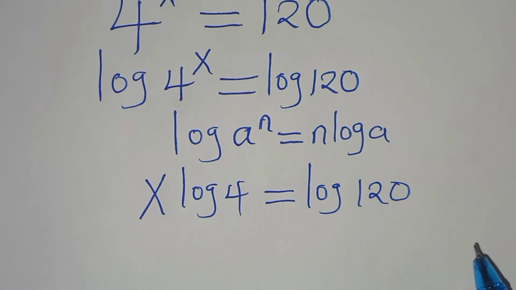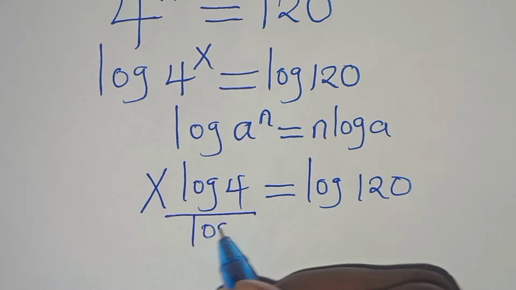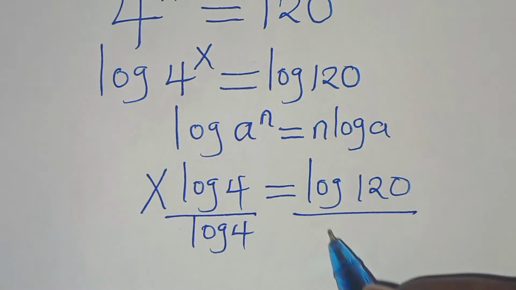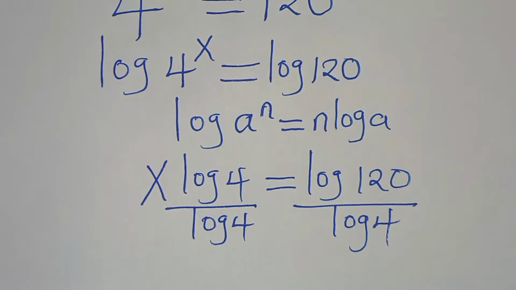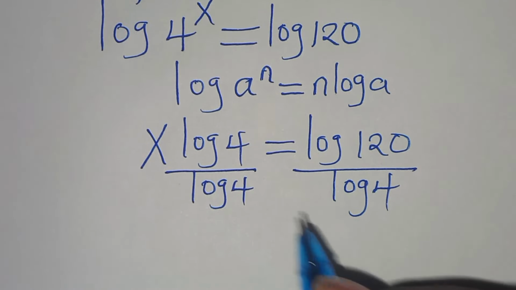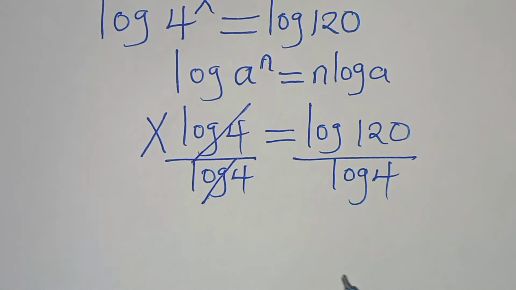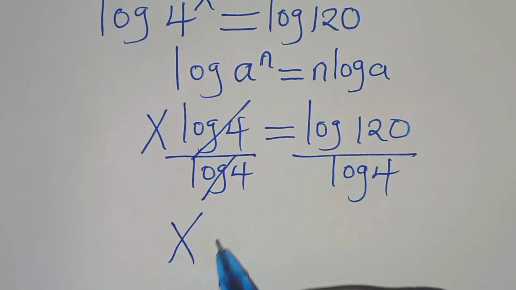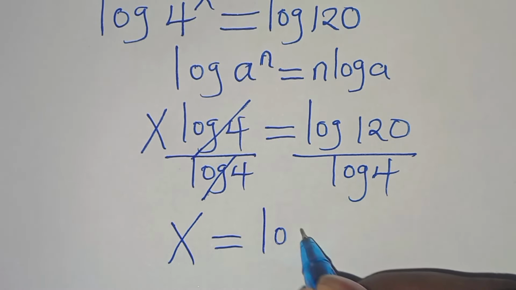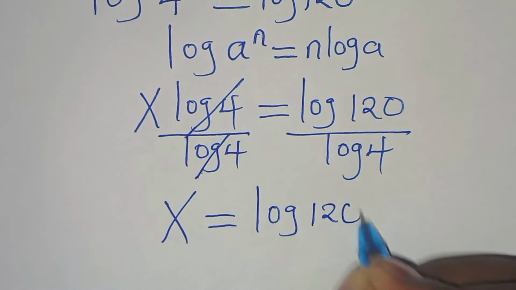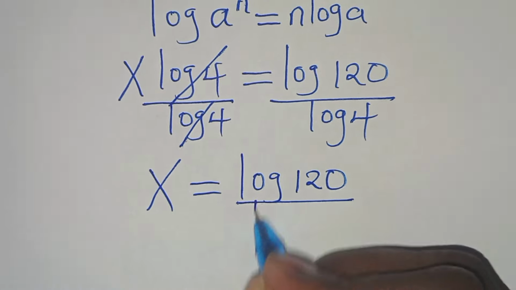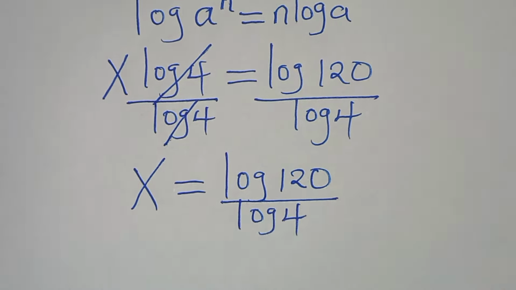120. So let's divide both sides by log 4. Now let's simplify here. Log 4 and log 4 simplify so that we have x is equal to log 120 divided by log 4.